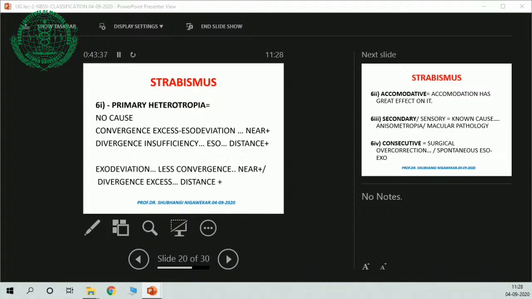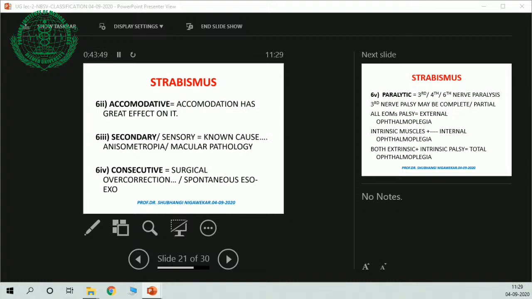Now the divergence excess type, exodeviation, which will be more for the distance. So this is a little bit tricky, you may feel it is difficult, but slowly you can digest it. Okay, so stay with me. Now the second type of this tropia is accommodative. So accommodation and accommodative convergence.